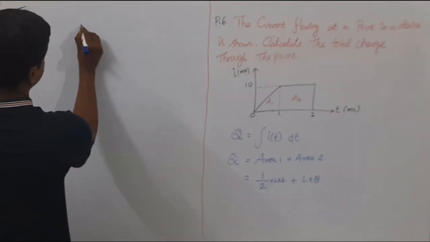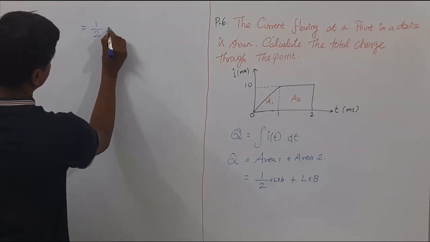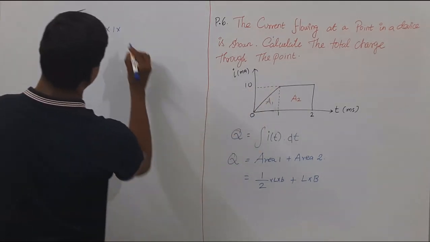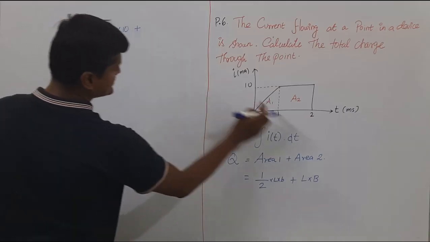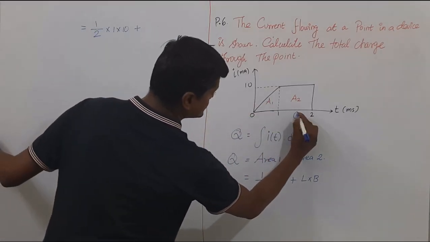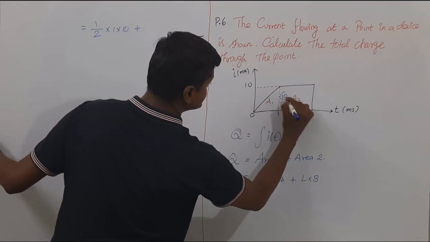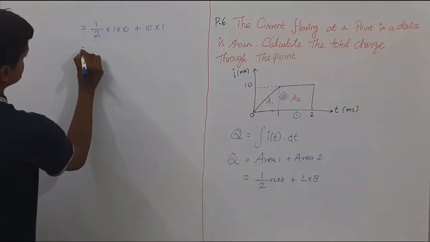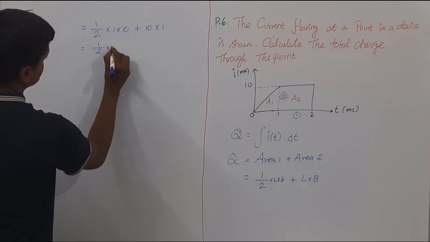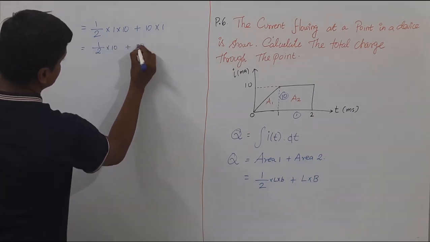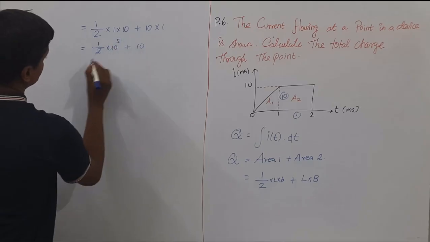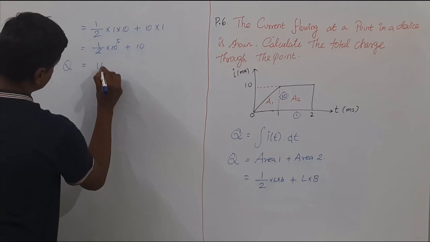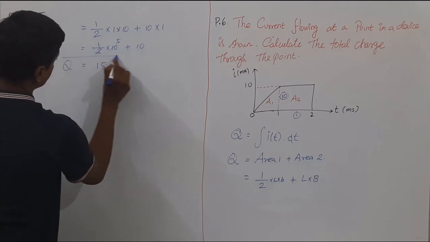So we are substituting: the height is 10, and here the value is 1, so 10 into 1. So that is 1 by 2 into 10 plus 10. So that is 5. The total charge that is passing is 15 coulomb.